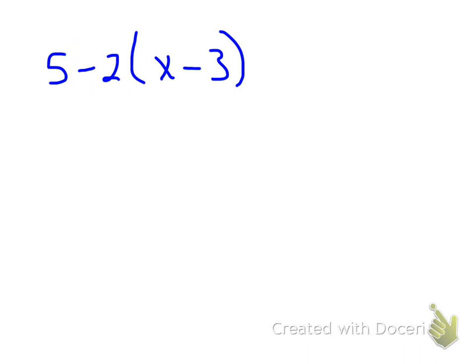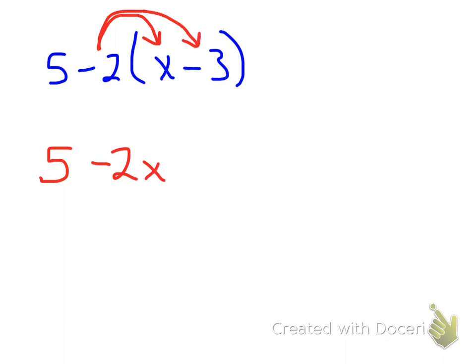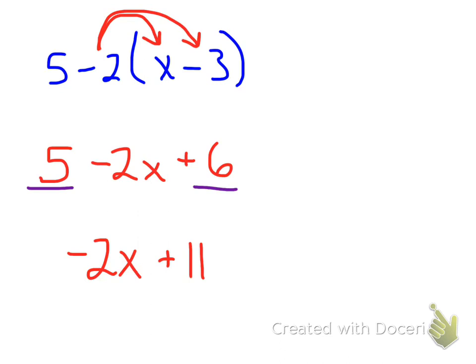So I'm going to have the 5, but now I'm going to distribute a negative 2 to the x, which will give me negative 2x, and distribute the negative 2 to the negative 3, and 2 negatives make a positive 6. Once I do that, I can combine like terms, so my final answer is negative 2x plus 11.